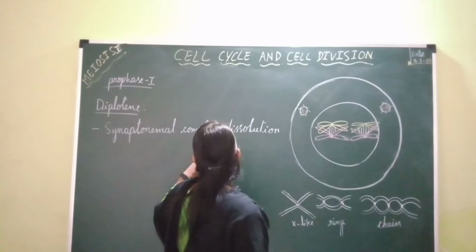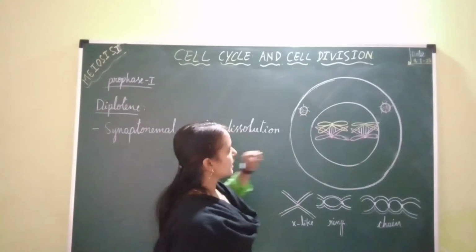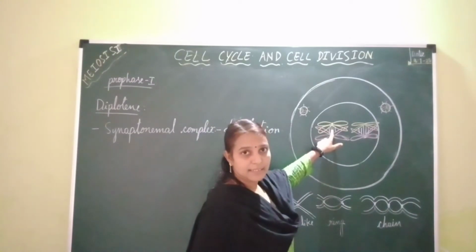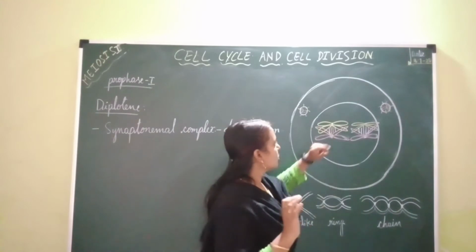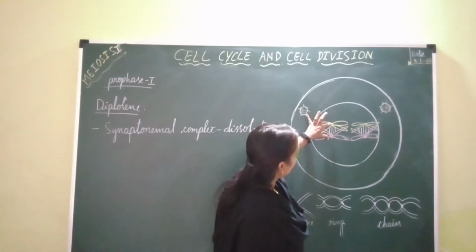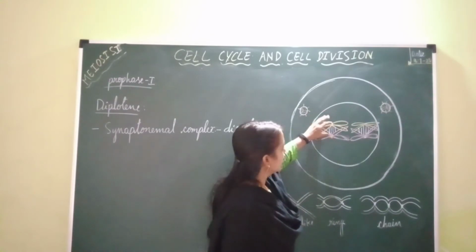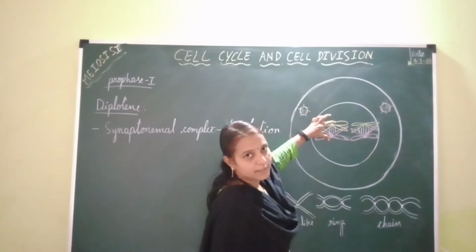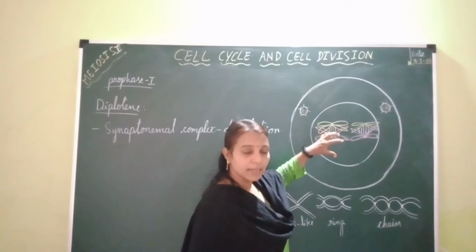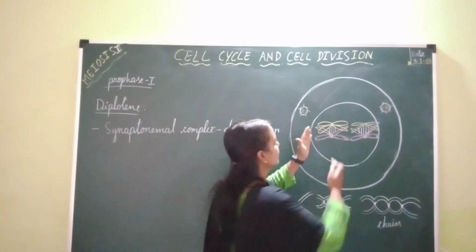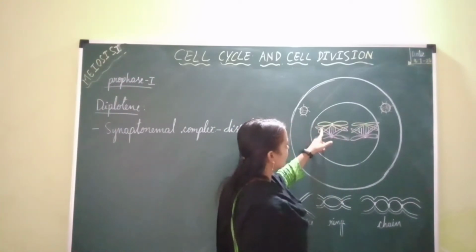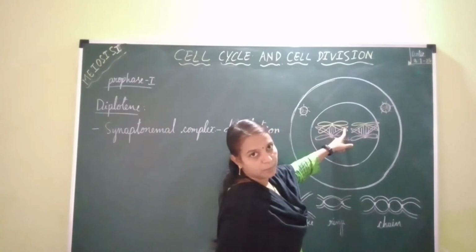And hence in the next stage, that is in the Diplotene stage, the synaptonemal complex starts undergoing dissolution. So when it undergoes dissolution, both of these chromosomes present in this homologous pair start separating from one another. They tend to separate from one another throughout their length except at the point of crossing over.